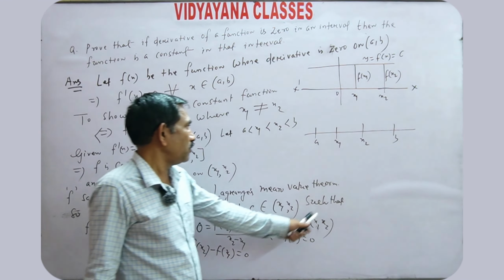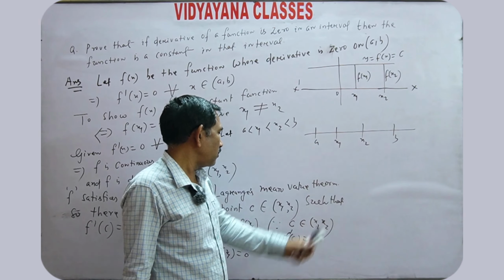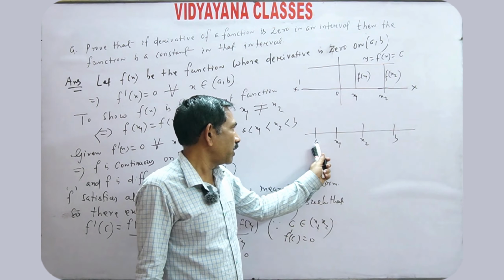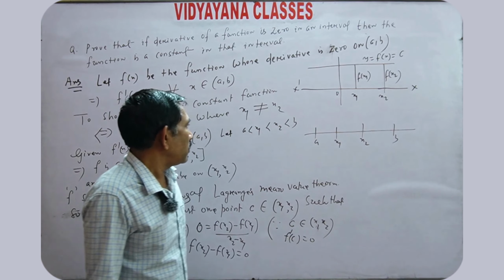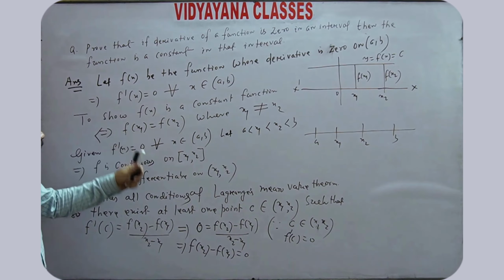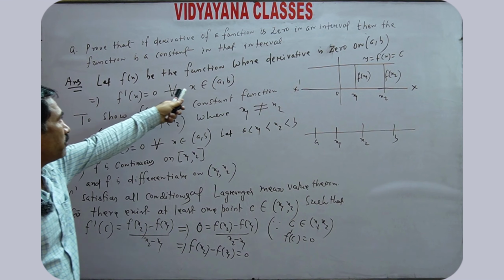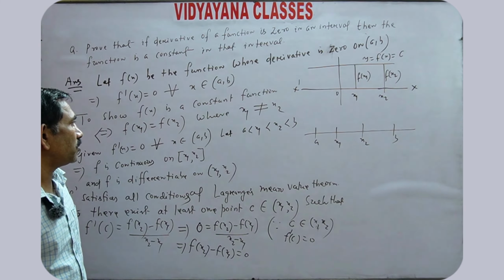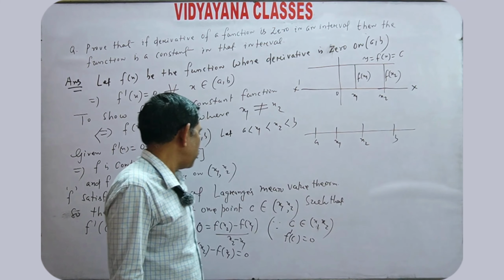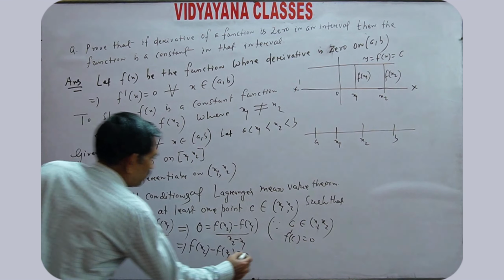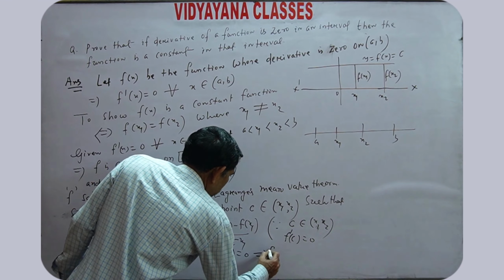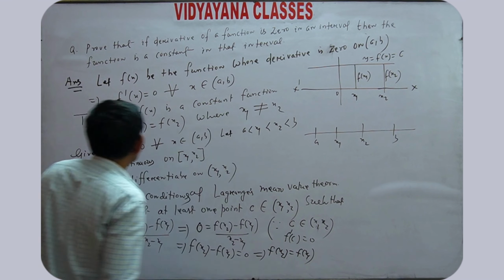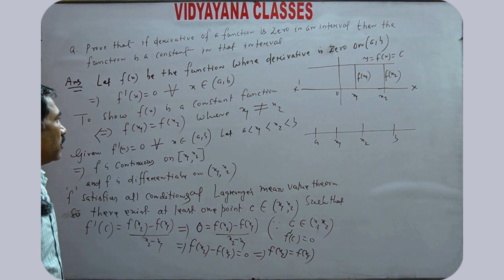Clear? Since c belongs to (x1, x2), f'(c) equal to 0, for every element in the open interval (a, b), f'(x) equal to 0. So f(x2) is equal to f(x1), that is, f(x1) is equal to f(x2).